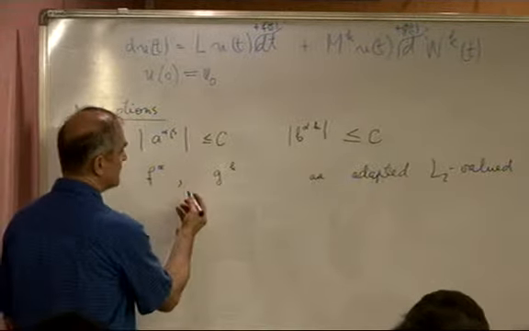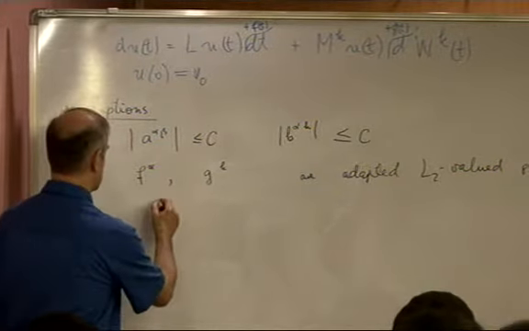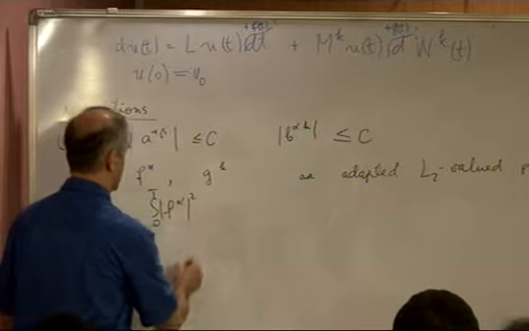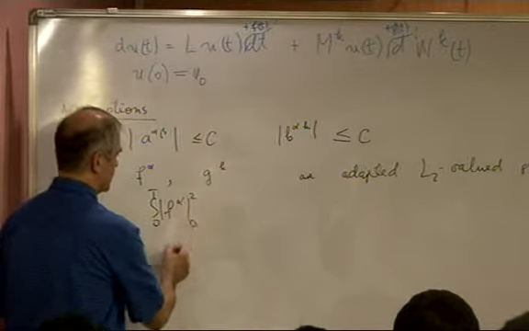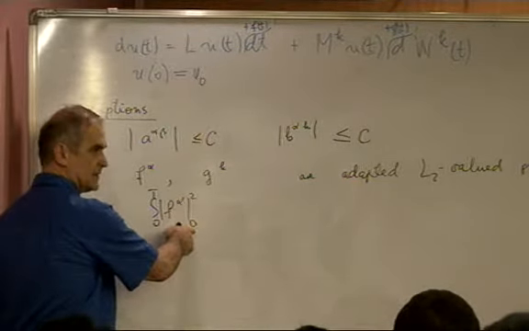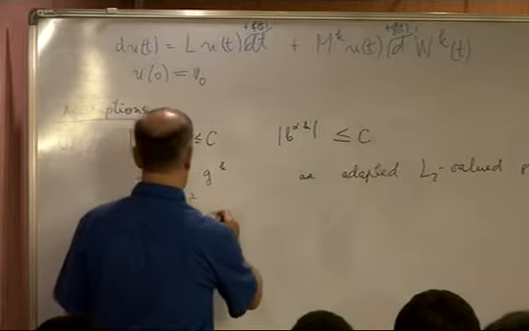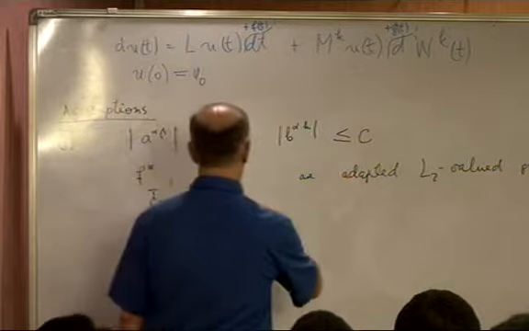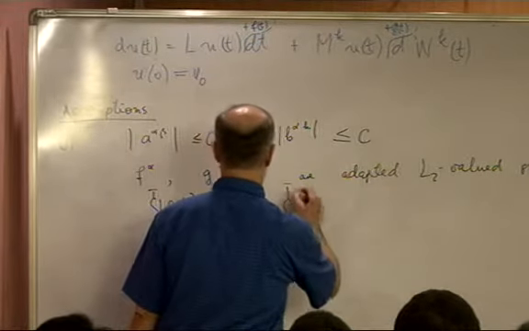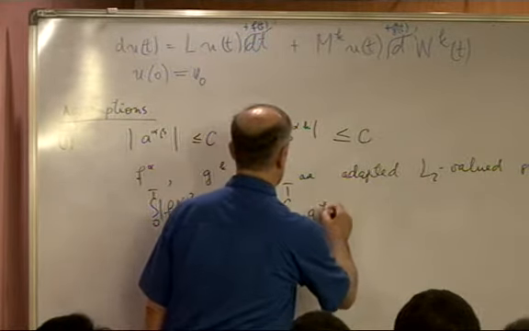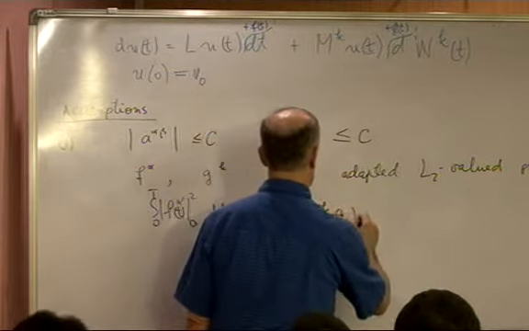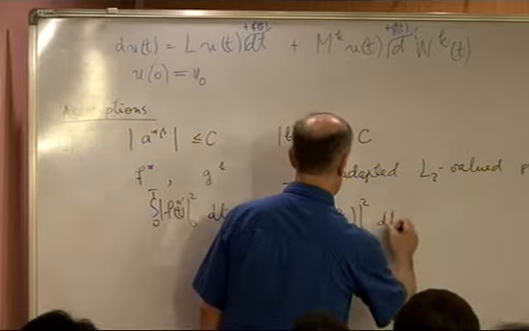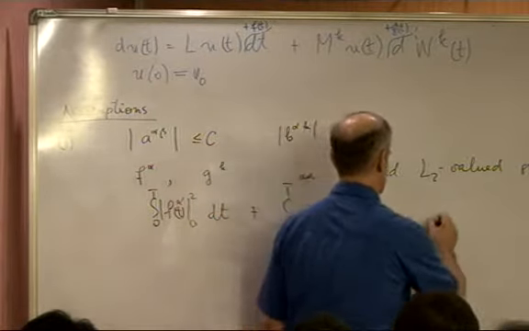And they are square integrable: the integral from 0 to T of the squared L2 norm of f^alpha dt plus that of g is finite.